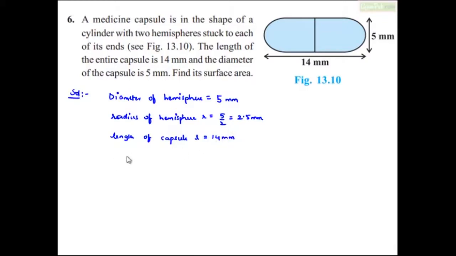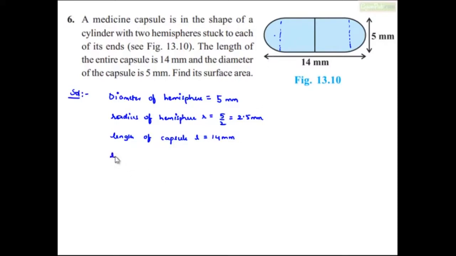Now if we see here, we can divide the capsule into three parts, that is two hemispheres and a cylinder. Now for the hemisphere we got the radius as 2.5 mm. Now for the cylinder we have the radius of base as 2.5 mm.